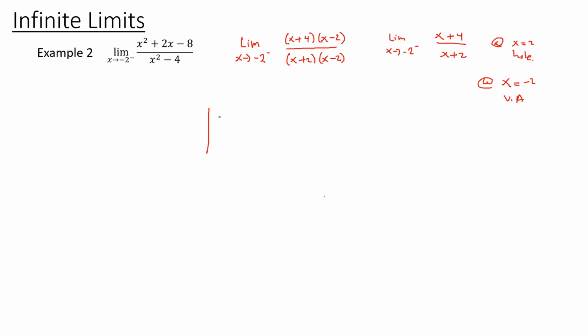So once again, because we're approaching from the left side, we're going to choose two numbers from the left side. I'm choosing negative 4 and negative 3. If you substitute negative 4 in, you're going to get 0. If you substitute negative 3 in, you're going to get negative 1.